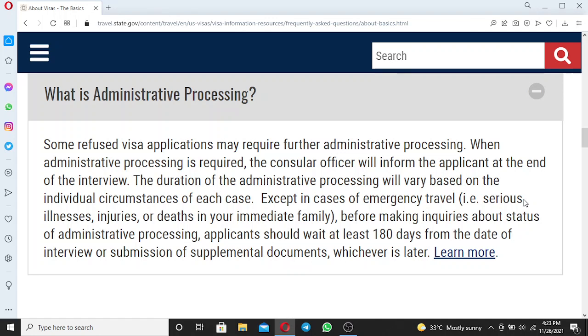That will be another exception. Before making inquiries about the status of your administrative processing, applicants should wait at least 180 days from the date of the interview or submission of supplemental documents. That is all about administrative processing.